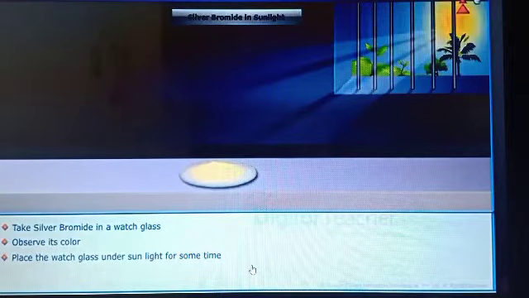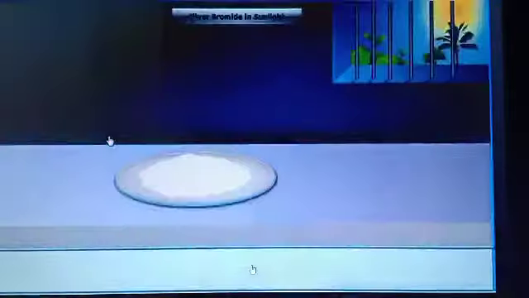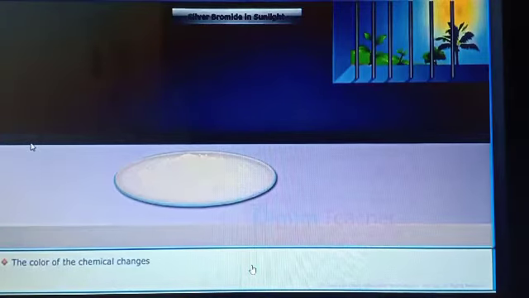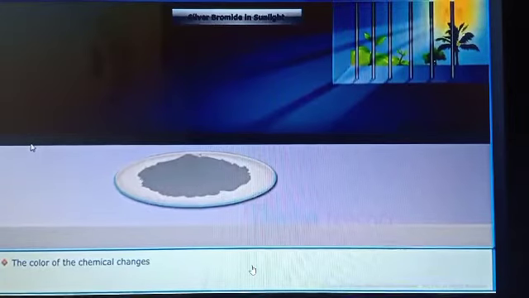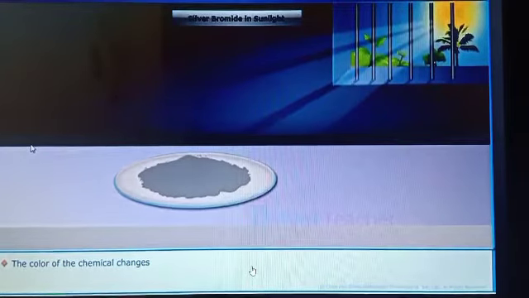Here, due to the sunlight, the decomposition process occurs. Due to the decomposition, the color of the silver bromide changes. Now let's see the result.